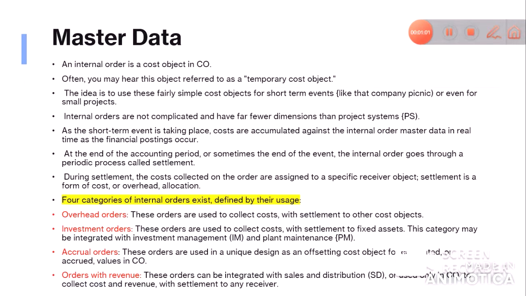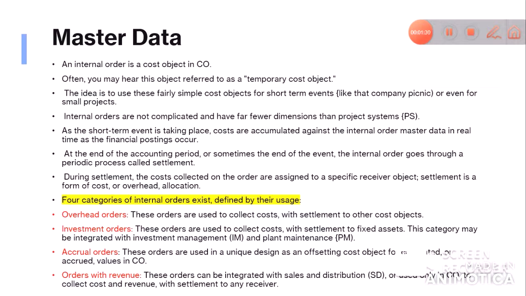So let us see the master data. An internal order is a cost object in CO. Often you may hear this object referred to as a temporary cost object. The idea is to use these fairly simple cost objects for short-term events like that company picnic, or even for small projects.